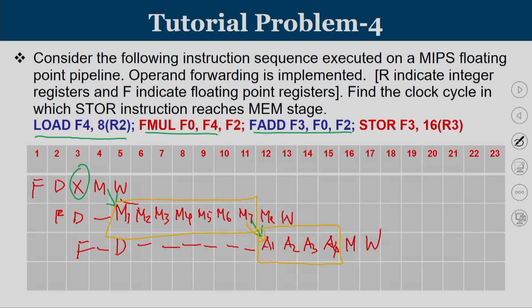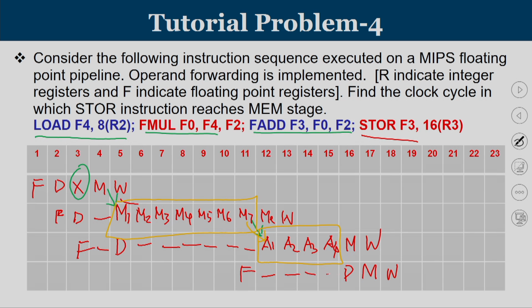Now you have to perform a store operation on F3. If operand forwarding is permitted, store can perform its memory operation, but 2 memory operations cannot happen together. So this is mem and write back. So this is the process where fetching can happen.